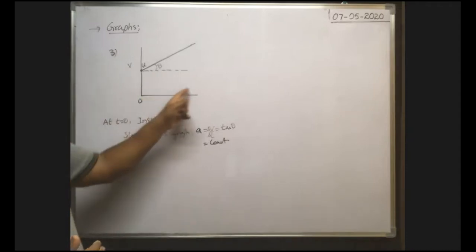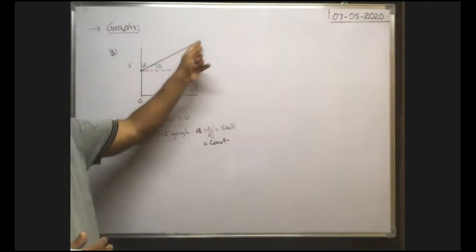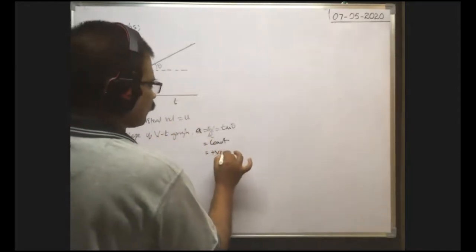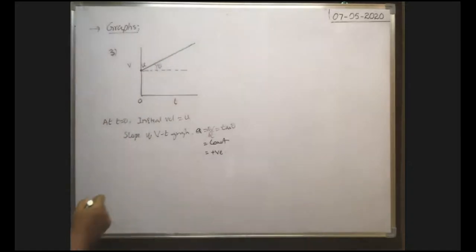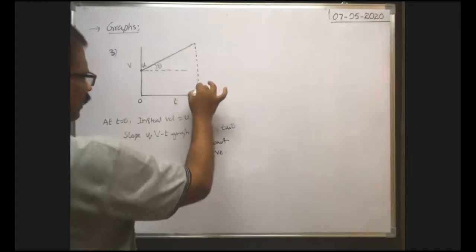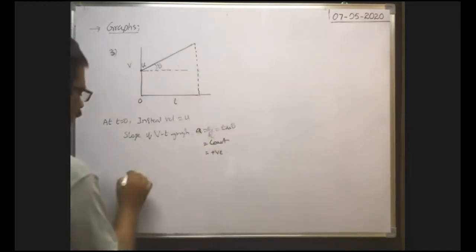As long as time lapses, the velocity goes on increasing. That's why acceleration is positive only, no? Acceleration is constant. Moreover, it is positive. So this we can draw. Okay. Next, what about the area under the graph? Area under the graph.